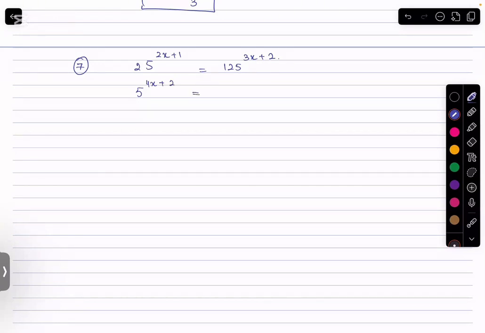And on the other side, we'll write 5 to the power 9x plus 6. Right. Then we'll equate both the powers. And then we get x is equal to minus 4 upon 5.